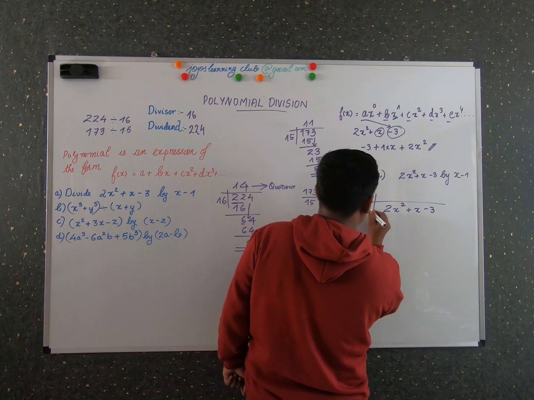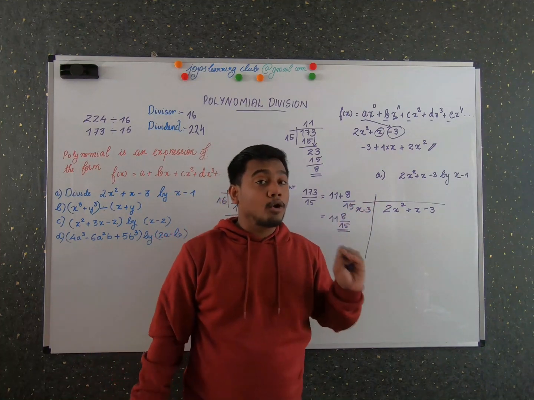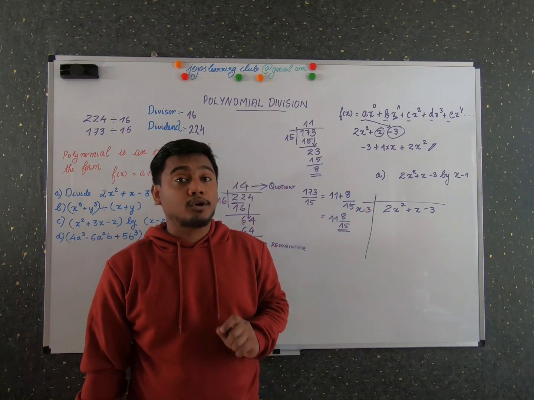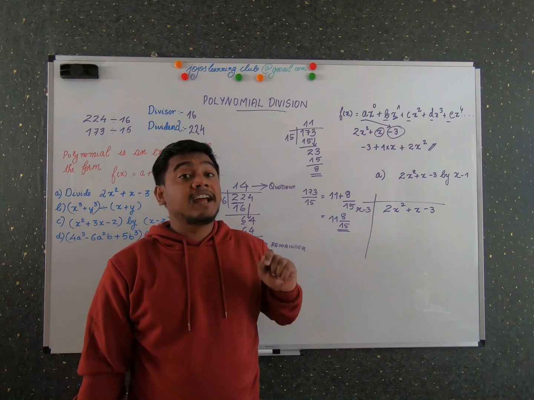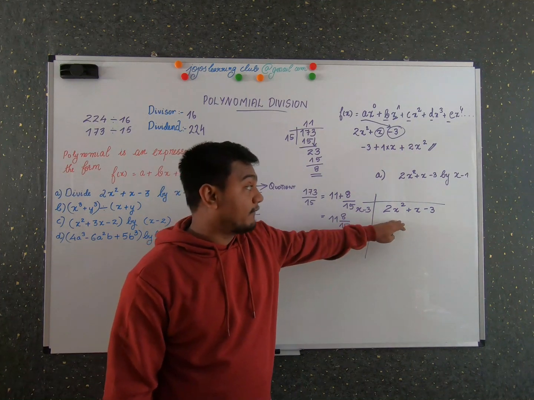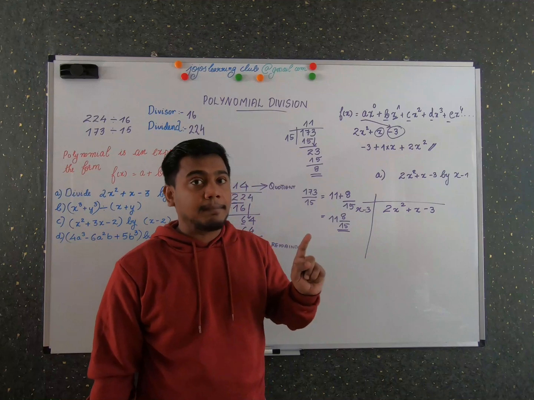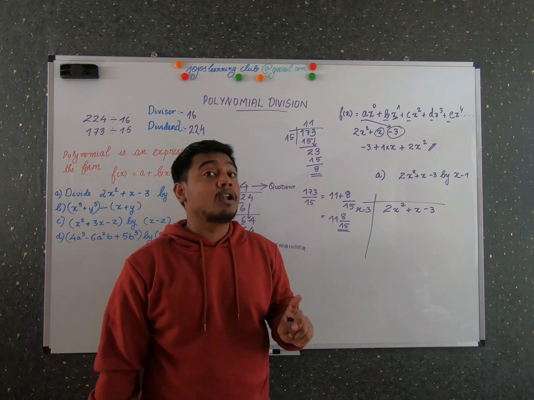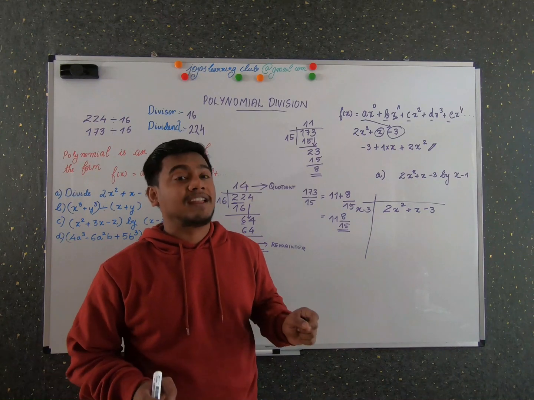When you want to do polynomial division, the first step is to write the terms in descending order, that is, with the highest power of x written first. Same for divisor and dividend. This is the first step you have to do. Only then will you come to an exact answer, or else it will lead you to a wrong answer.